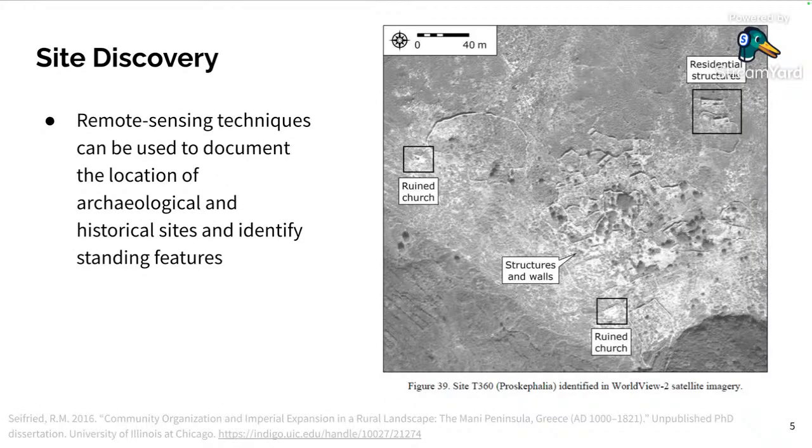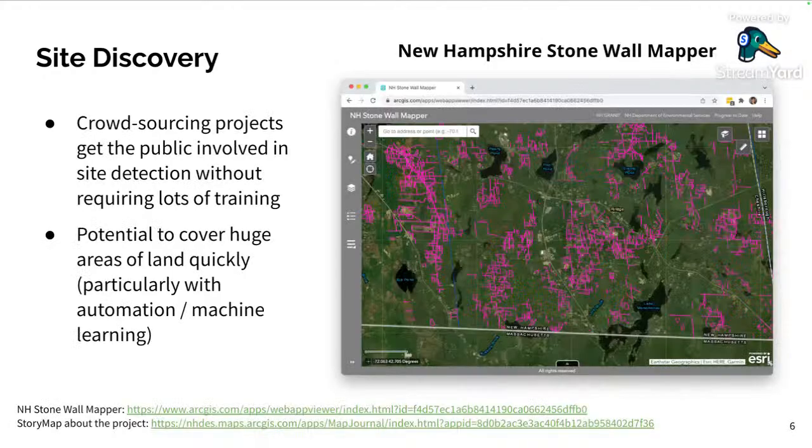So sometimes we can use GIS for site discovery. So basically, in combination with remote sensing techniques, we can use GIS to detect or to document the location of archaeological and historical sites. And also we can observe without actually being there and identify particular structures, their current status, their change over time, and so on and so forth.